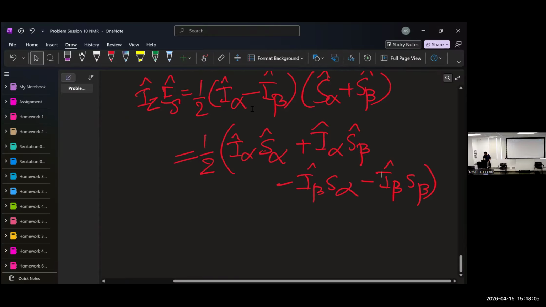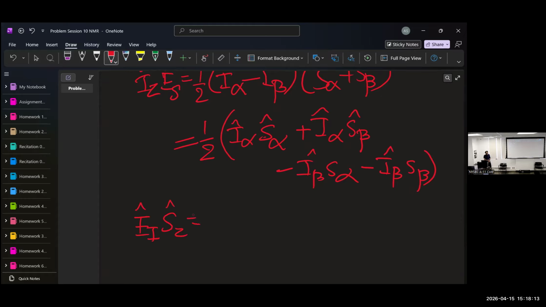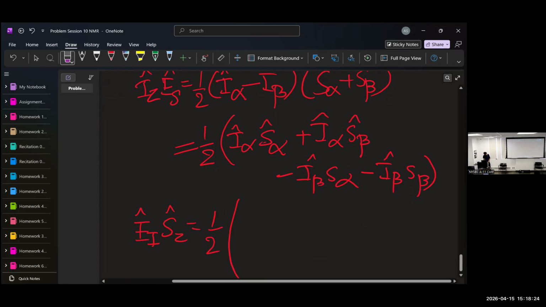What do you do with the other term? 1/2. I'm just using this notation to denote which subspace you have to apply the identity operator to. This is alpha plus beta.